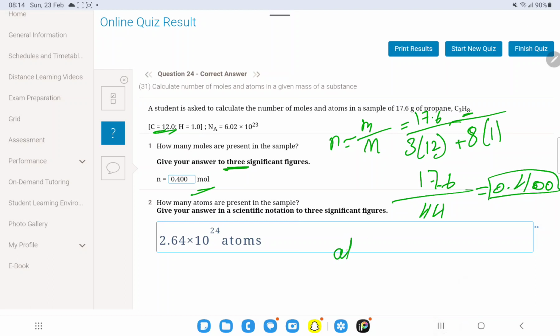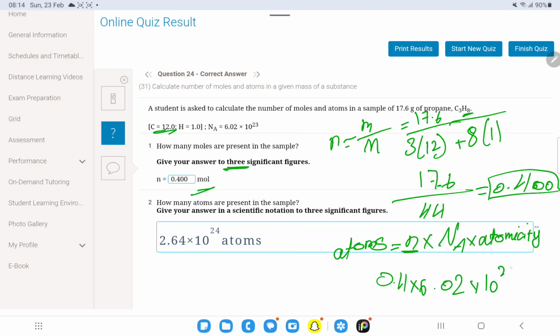Now atoms is equal to moles times Avogadro's number times atomicity. N, the number of moles, 0.4. Avogadro's number is 6.02 times 10 to the power of 23, and atomicity is 11.